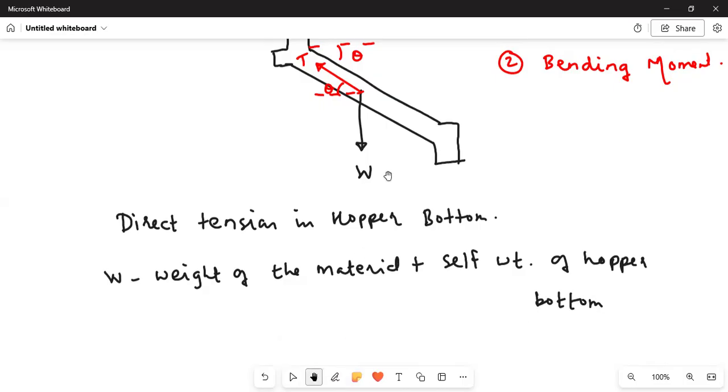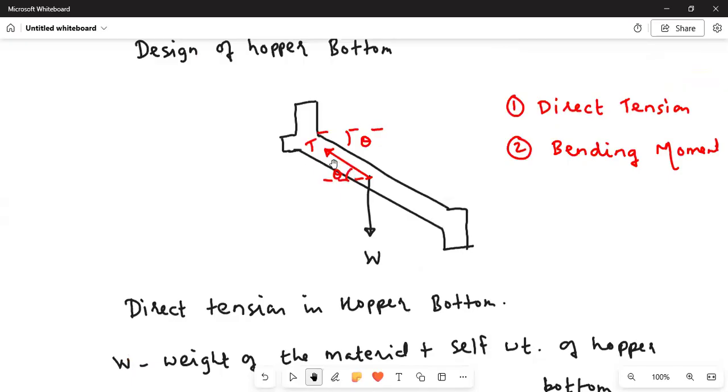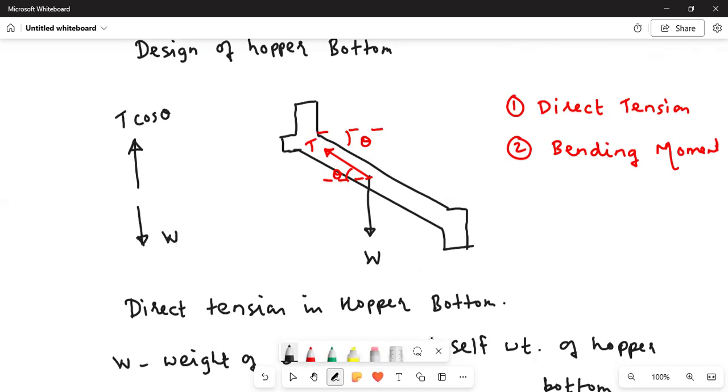You see, if you resolve the T in the vertical direction, so this T cos theta will be equal to W if you apply summation of Fy equal to 0.